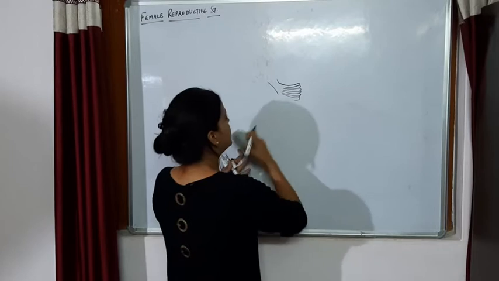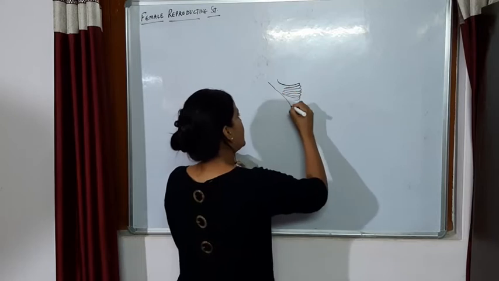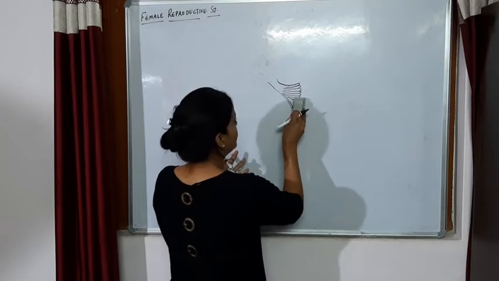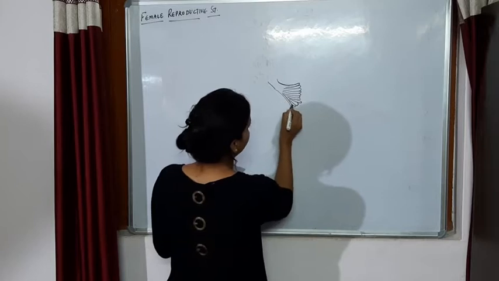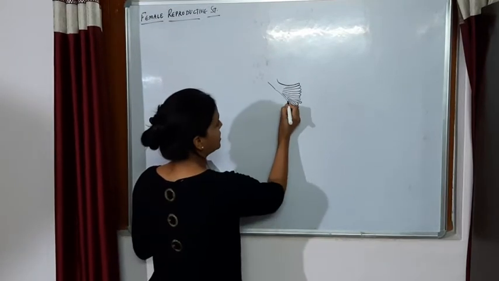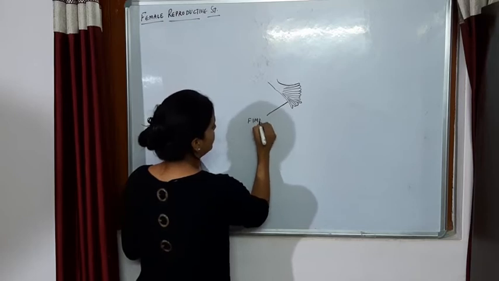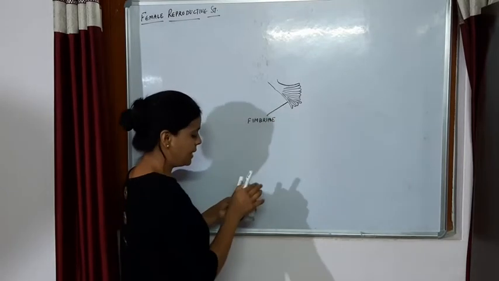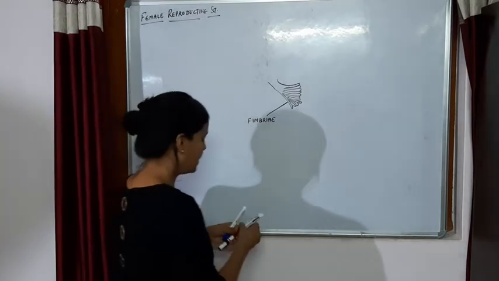Conduction means the sperm is conducted in by these finger-like projections into the next structure, that is the infundibulum. So we will come into the detail. These finger-like projections are called fimbriae, and to the fimbriae the ovaries are attached.